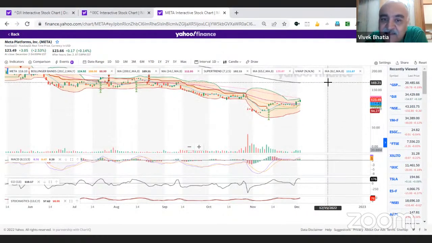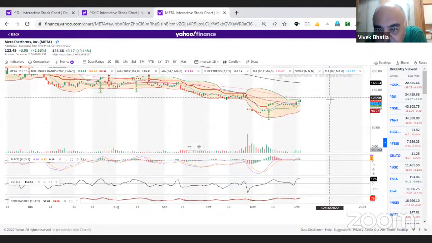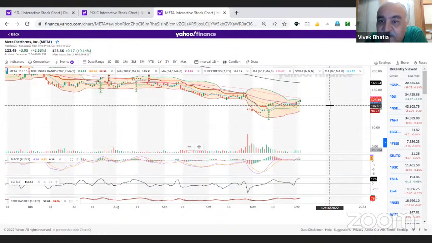Buy it and just sit on it, because your stop losses are going to be over here at 100 only. Spot of 107, 105, that is my stop loss. Or you could take a physical delivery currently for a target of 155, 160 with a stop loss of 106 or 105.